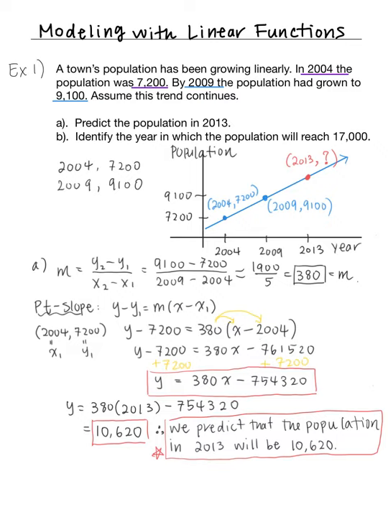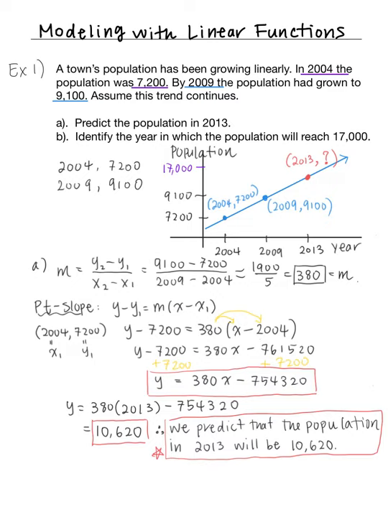Now let's talk about part B. Let's read it again. It says identify the year in which the population will reach 17,000. First of all, our population is nothing but our y-axis and the year is represented by the x-axis. So population will reach 17,000. Let me just jot down where the 17,000 will be. So basically what the question's asking is: what's the value of x when y is 17,000?